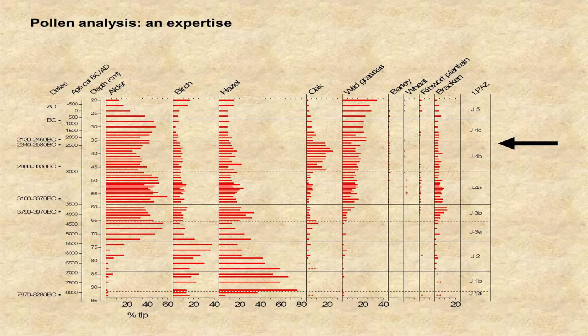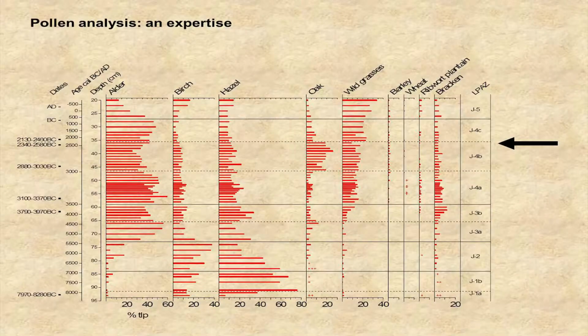Over on the left-hand side we have depth, a very shallow peat, but one that grew over several thousand years. These are all radiocarbon dates, and here is our chronology. This is when things changed. And then every other curve is for a plant, mostly trees here like alder and birch and hazel and oak.